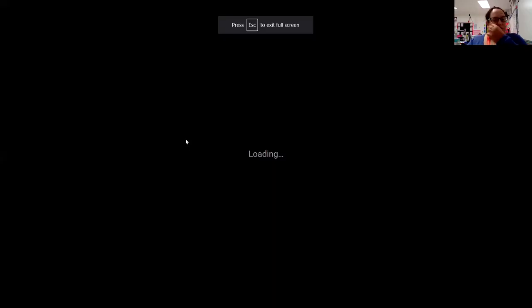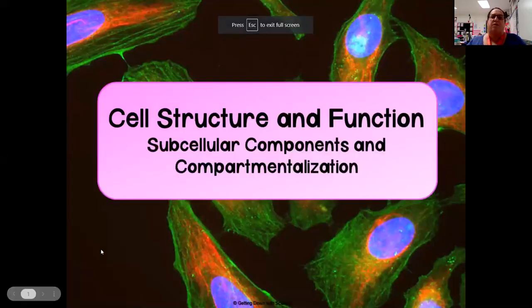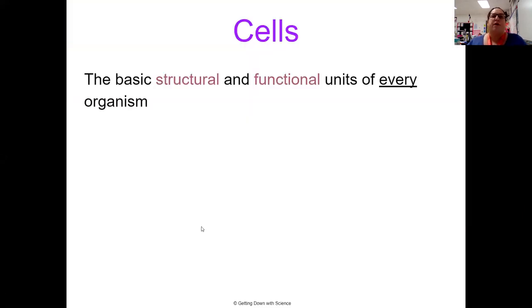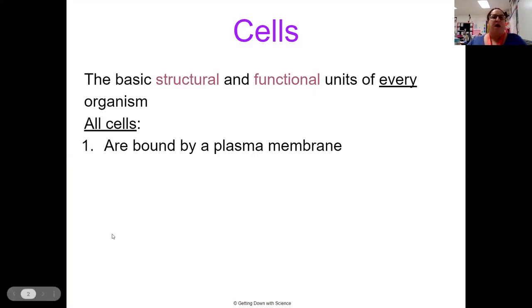Okay. So we're here to talk about the subcellular components and compartmentalization specifically. When we're talking about cells, you've got to remember they are the basic structural and functional units of every organism. Every single living thing is made of one or more cells. All cells must have a plasma membrane, sometimes referred to as the fluid mosaic or the cell membrane.